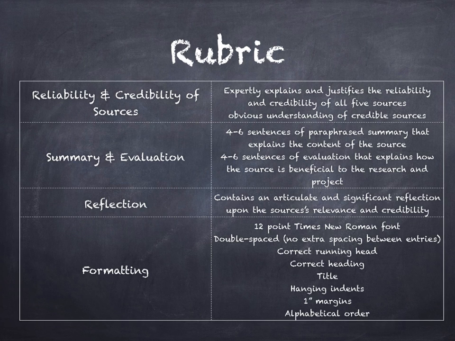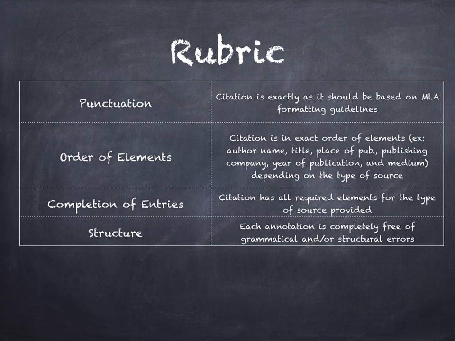You have a copy of this in your packet that you received on day 1. I will also be looking at punctuation, order of elements, completion of entries, and structure. Your annotated bibliography should be completely free of grammatical and structural errors. You want to carefully proofread for both run-on sentences and sentence fragments.